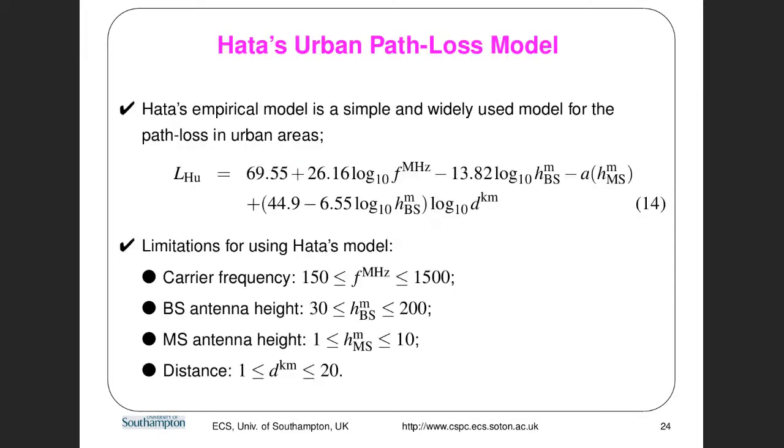And then the third model is called Hata's urban path loss model, which is named after the Japanese scientists who work out this approximation. So in an urban environment, there are a lot of obstacles. There are a lot of buildings, cars, trees, humans. So when you actually do signal transmission, the signal will experience a lot of reflections.